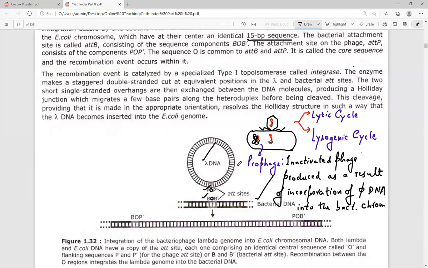This is how the integration is going to be performed, the manner in which the integration is going to take place.